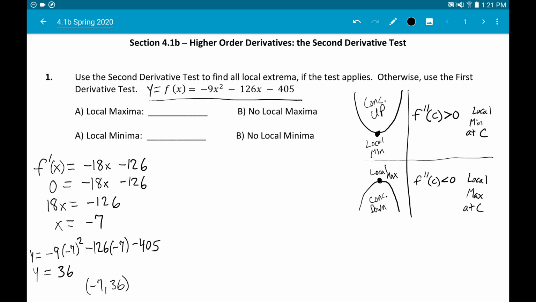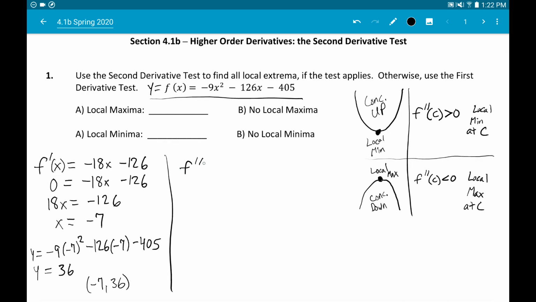Alright, so you've got to determine, is that a maxima or a minima? Now we'll go over here and look at what the rest of the second derivative test said. We take that critical value, that negative 7 we found, we plug it into the second derivative and determine if we get a positive or negative when we plug in that value. So we need our second derivative. Here's our first derivative.